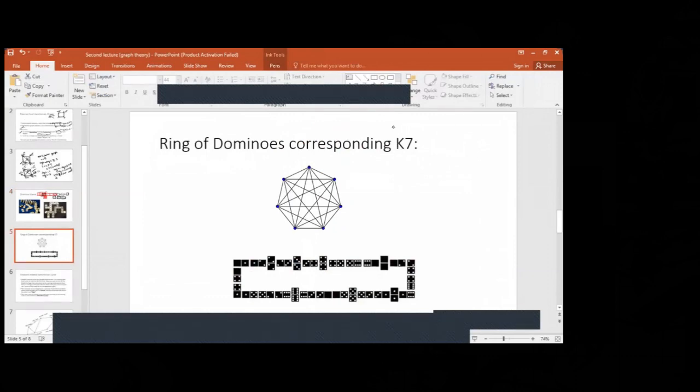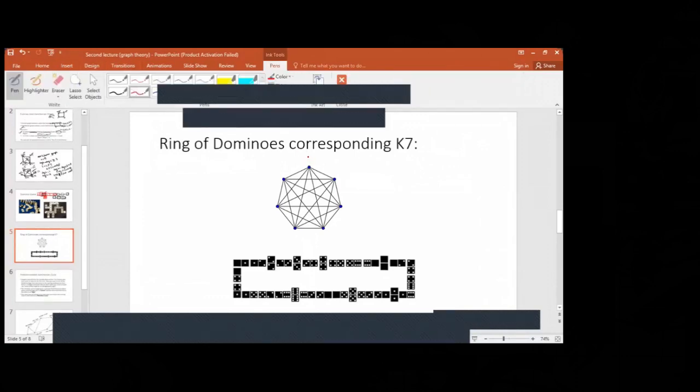K7 is a complete graph with 7 vertices. So let me write here: 0, 1, 2, 3, 4, 5, 6.